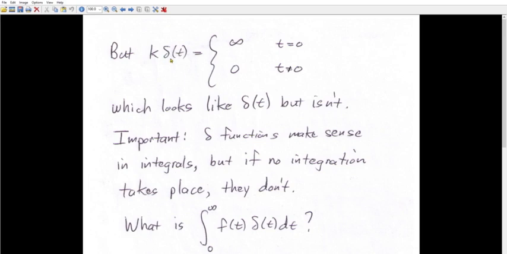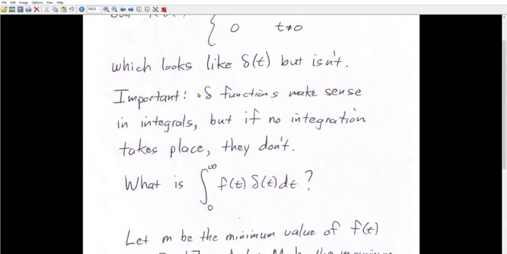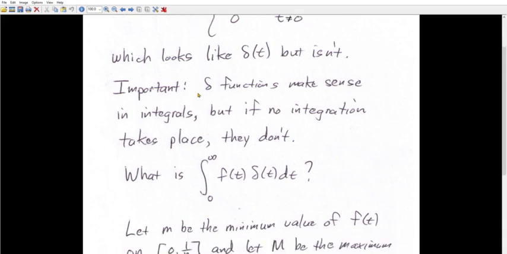And this is essentially telling us that if we think about these things as functions, we're going to get in trouble. Delta functions make sense when you integrate them. If there's no integration involved, they don't.